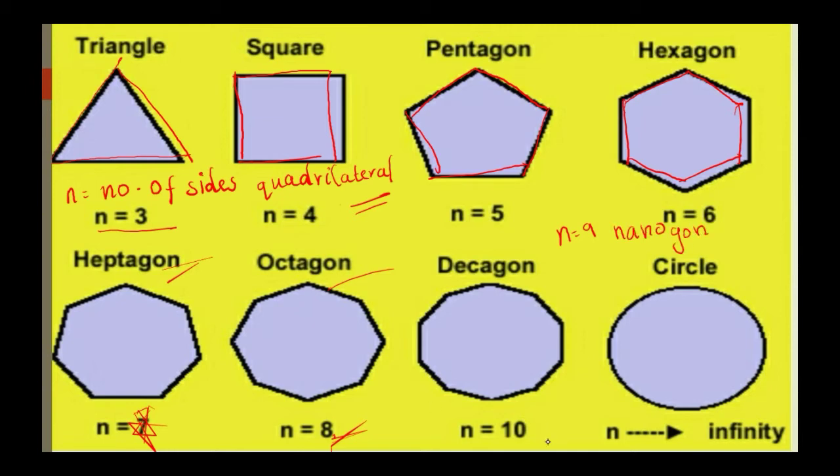If the number of sides is 10, it is called a decagon. Like that, there is an n-gon. If you keep adding lines and lines, it will become a circle infinitely. But a circle doesn't have line segments.